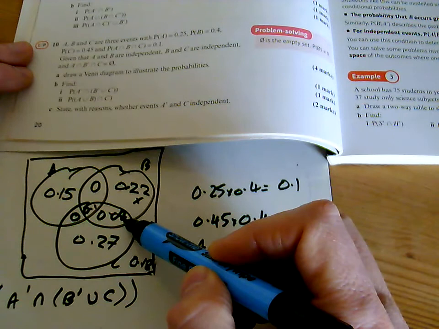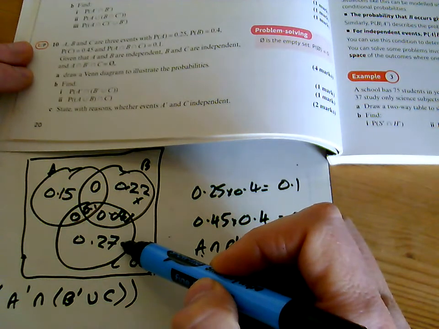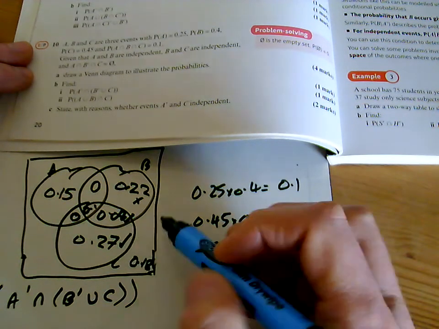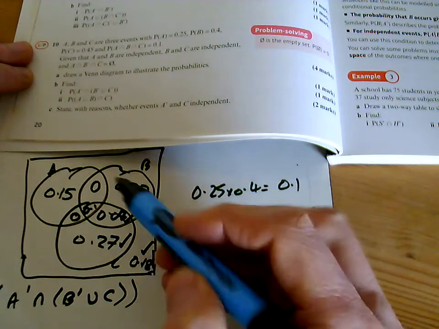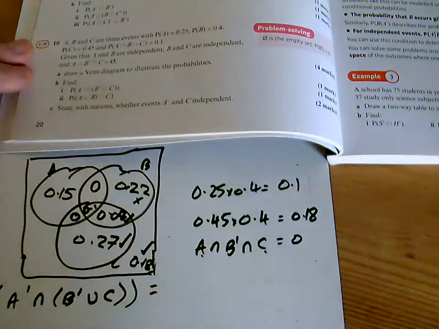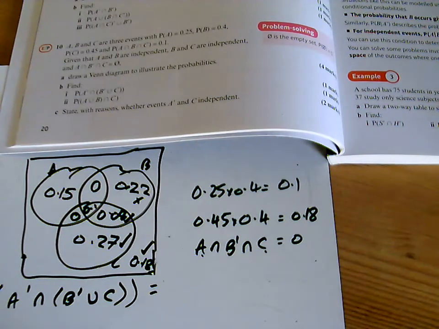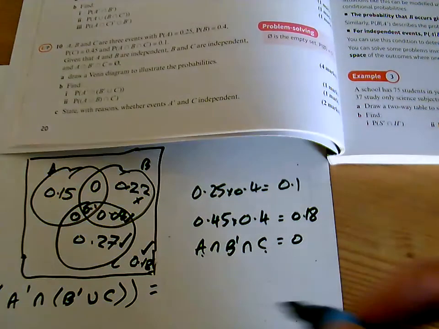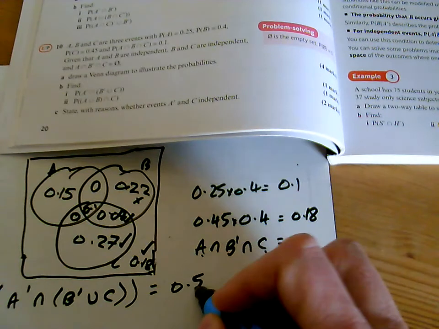That is in C, isn't it? So I do want that one. I do want that one. And I do want that one. All of those are in A. So I think it's those three added up together. Yeah, the total of those bits is 0.53.